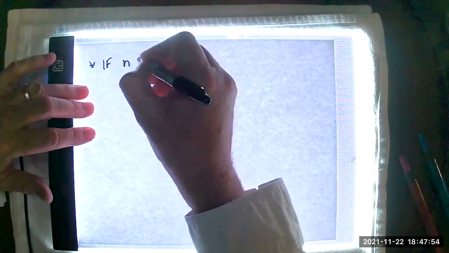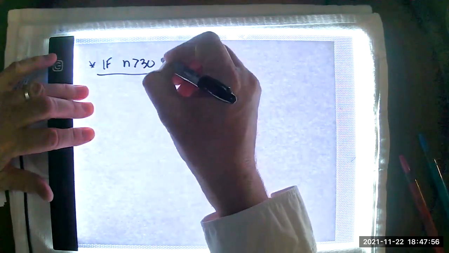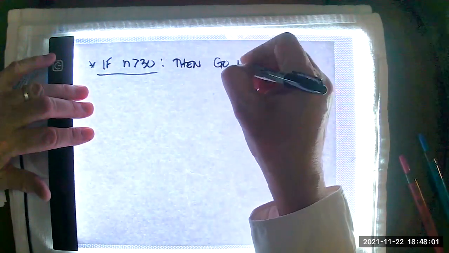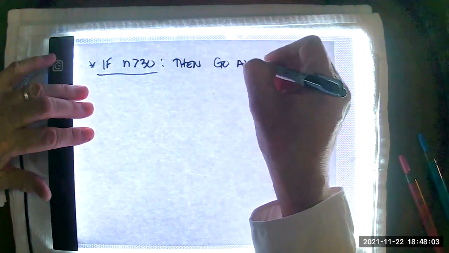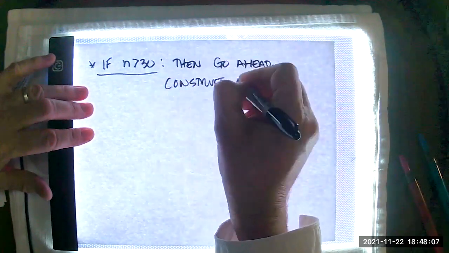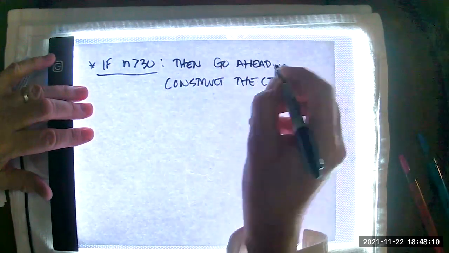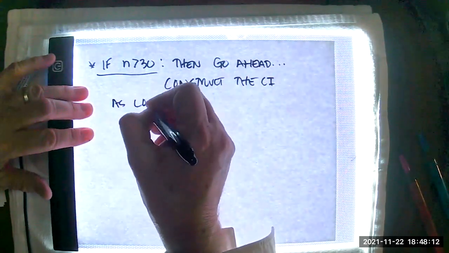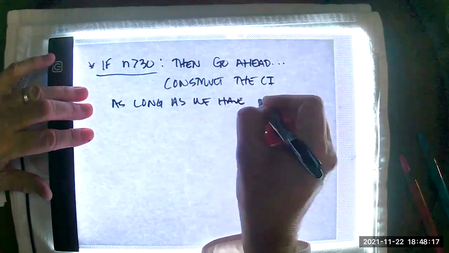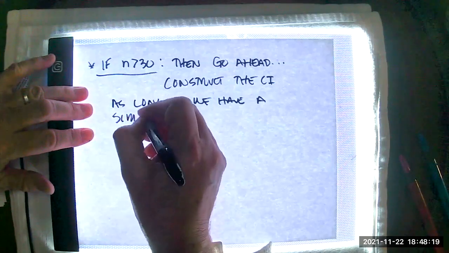So the way that shakes out, to make sure everyone understands how those requirements go, if n is greater than 30, then go ahead and construct the confidence interval as long as we have a simple random sample.